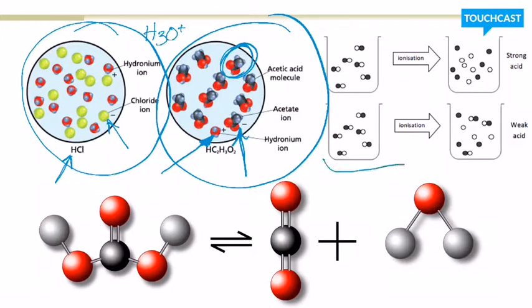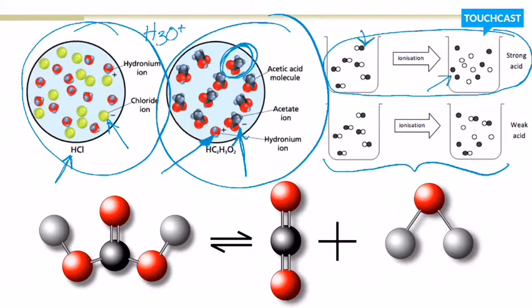This one right here is a simplified version of what you just saw on the left. This is just a different model. On the top, this is a model of what a strong acid will do. What you have here is a hydrogen connected to an anion. And over on the right side, you see how all of the hydrogens and the anions are swimming around in solution separate from one another.